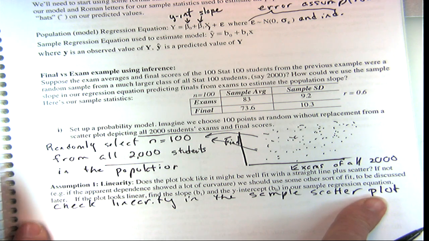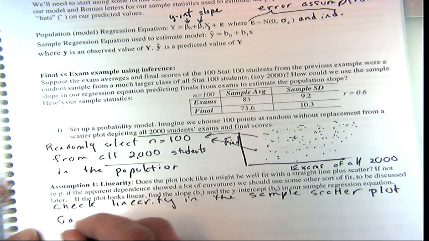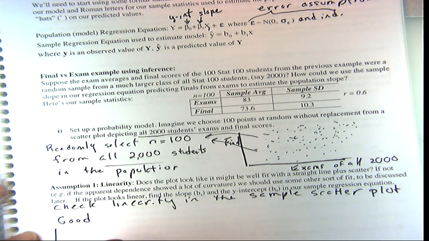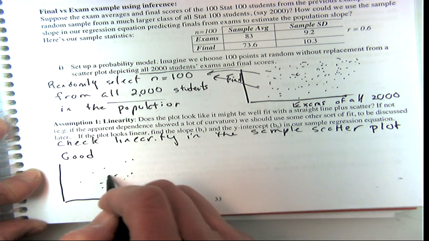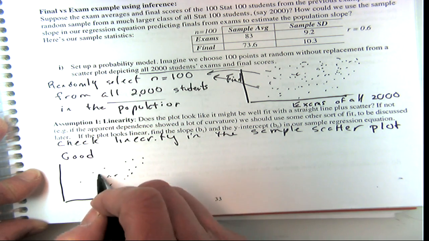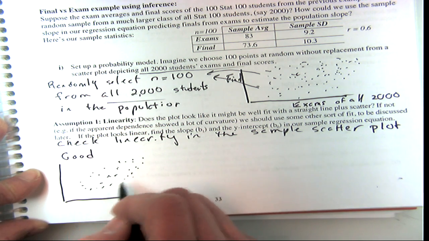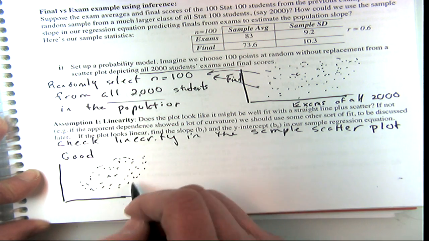So we want it to look like, basically, ours did look pretty good. What's good? A good plot would show a linear pattern, like as X got bigger, so did Y, or vice versa, or even just a random pattern would be okay.